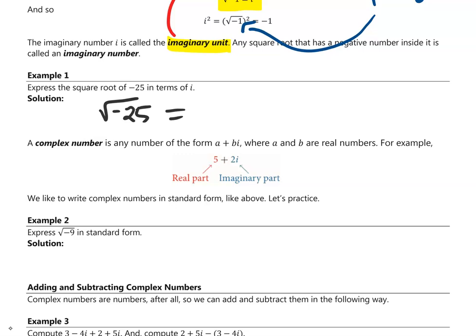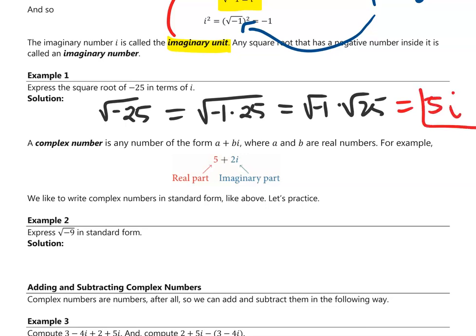We know that the square root of negative 25 can be written as the square root of negative 1 times 25, or you can rewrite this as square root of negative 1 times square root of 25, and square root of negative 1 is i, and square root of 25 is 5. So the answer is 5i. So remember, i is equal to square root of negative 1.